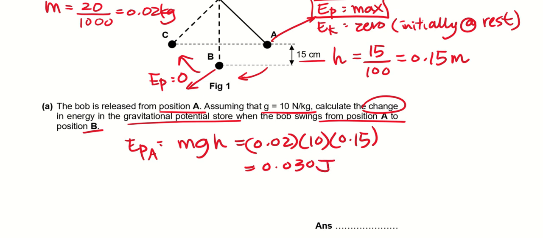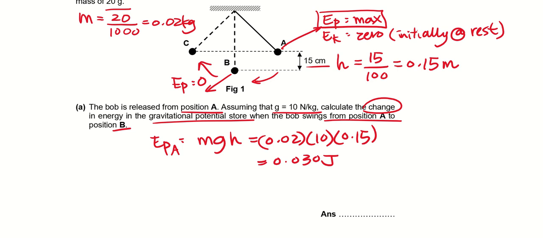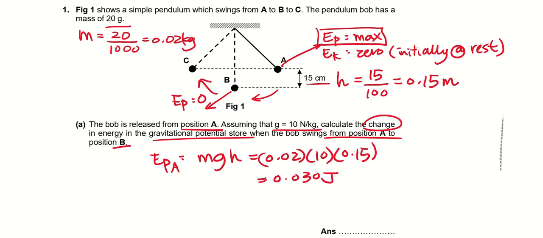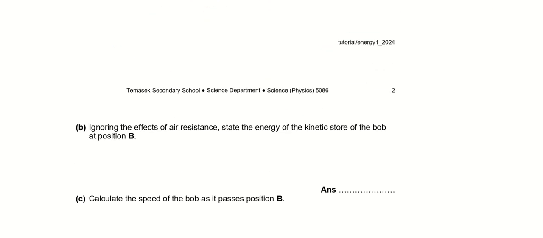So this is the change in the energy in the gravitational potential store from a maximum of 0.03 to 0, right? So this is the change in energy.